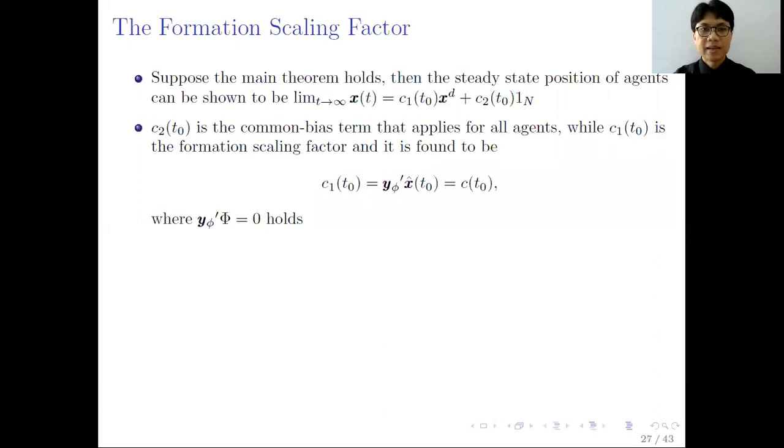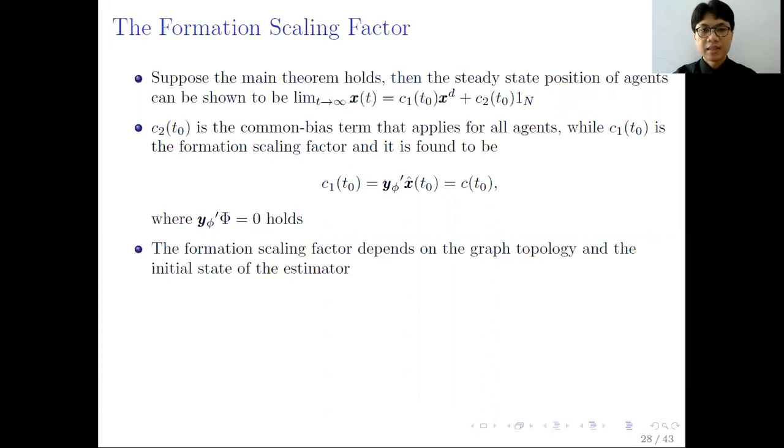C2(t0) is the common bias term that applies for all agents, while C1(t0) is the formation scaling factor, and it is bound to be Y phi transpose x hat(t0), and this is also the formation scaling factor C(t0) that we defined earlier. And Y phi transpose phi equal to 0 holds, so it means that Y phi transpose is the left eigenvector of the phi corresponding to the 0 eigenvalue of phi.